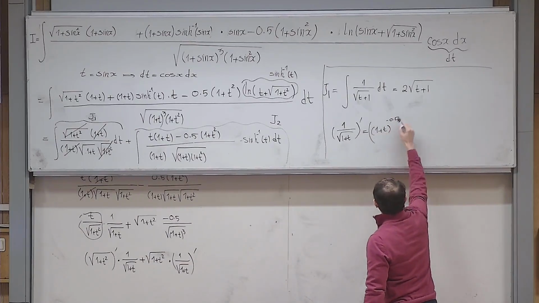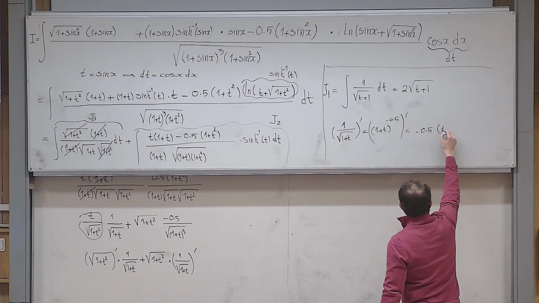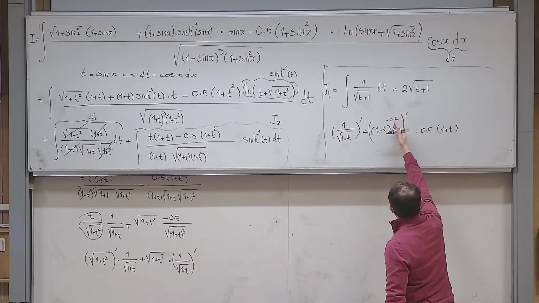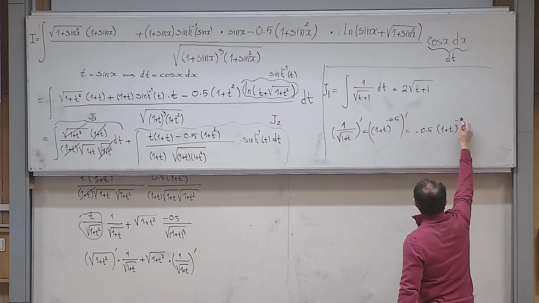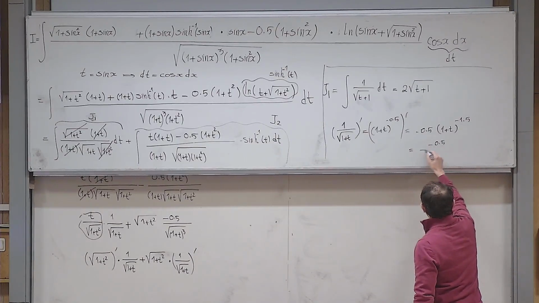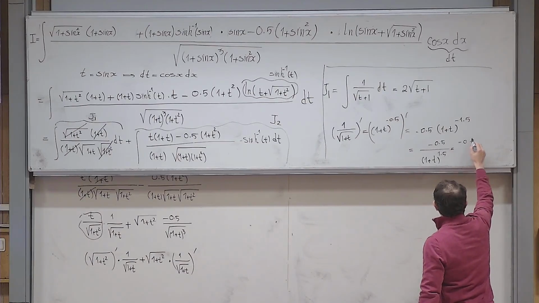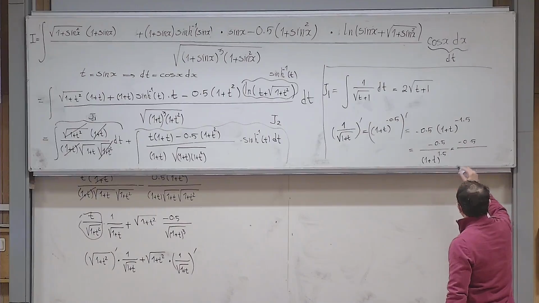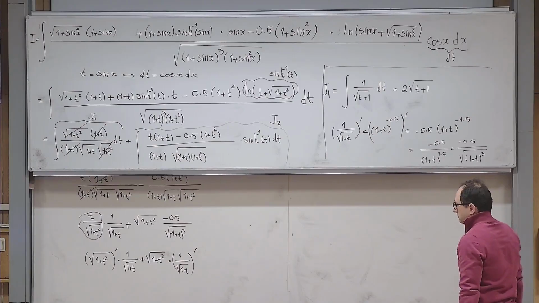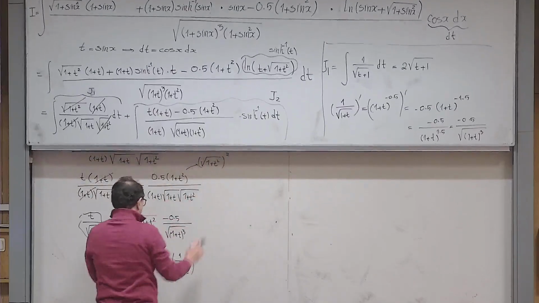And then I want to differentiate it, so minus 0.5 goes down, and it becomes 1 plus t to the power of minus 0.5 minus 1, which becomes minus 1.5. And then this becomes minus 0.5. I bring it down, so it becomes 1 plus t to the power of 1.5, but 1.5 is 3 over 2, so it becomes the square root of 1 plus t to the power of 3. Yes, that's exactly that expression. So I was able to prove my claim.